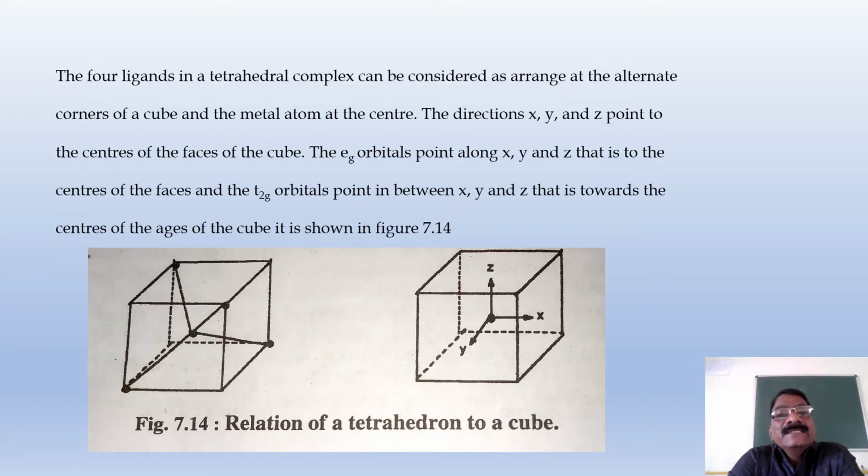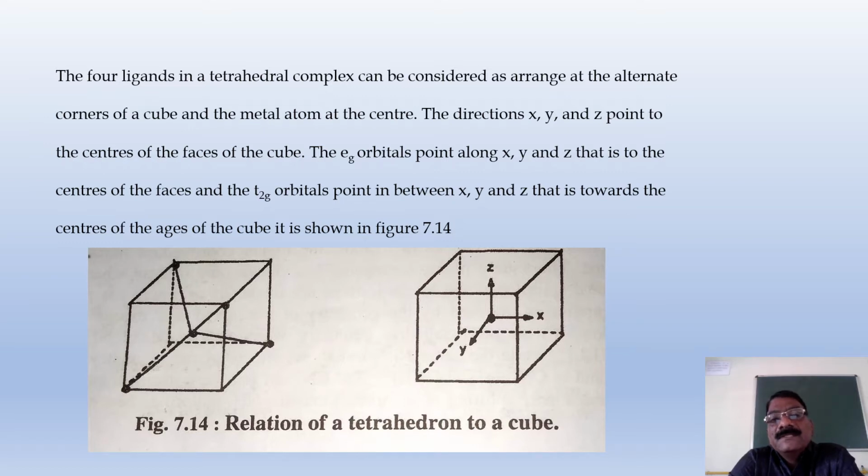The 4 ligands in a tetrahedral complex can be considered as arranged at the alternate corners of a cube, with the metal atom at the center. The directions x, y and z point to the centers of the faces of the cube.